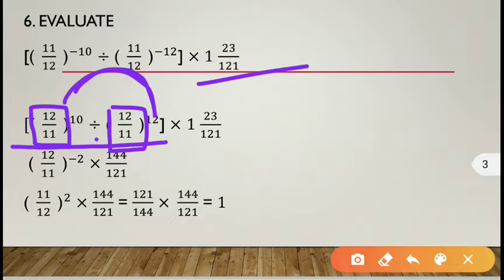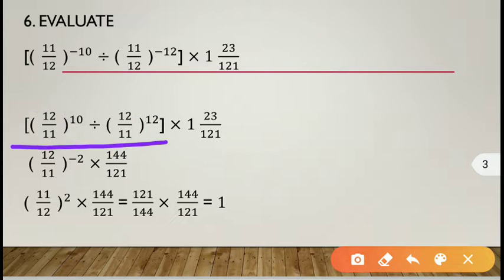This is a law of exponents. If the bases are the same and in between is a division sign, their powers will be subtracted. But if the bases were the same and in between there is a multiplication sign, the powers will be added. But here a division sign, so we just subtract the powers.